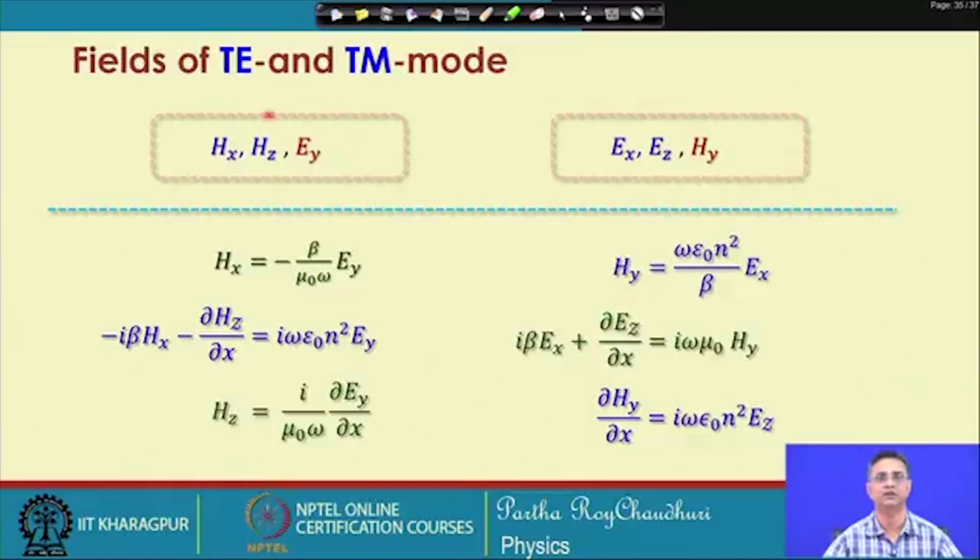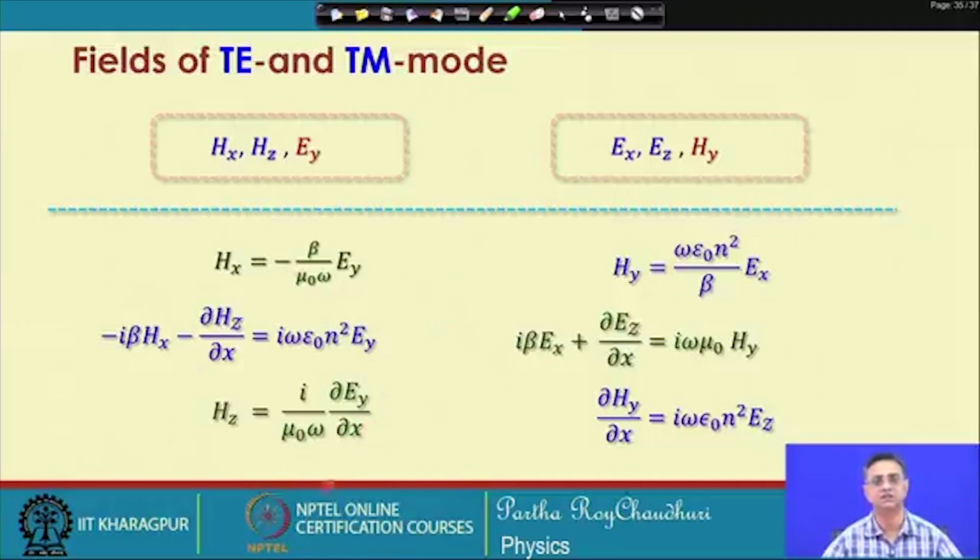Put together, all these three field vectors will constitute the TE mode, and you can see how we have organized that this and this have come from the curl equation of H, and this has come from the curl equation of E.